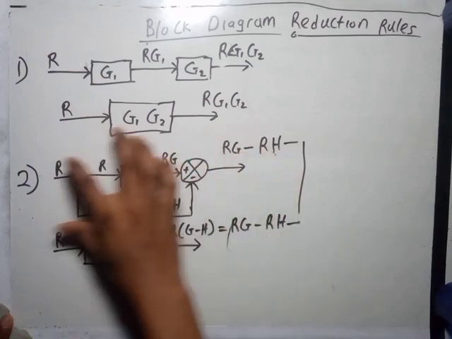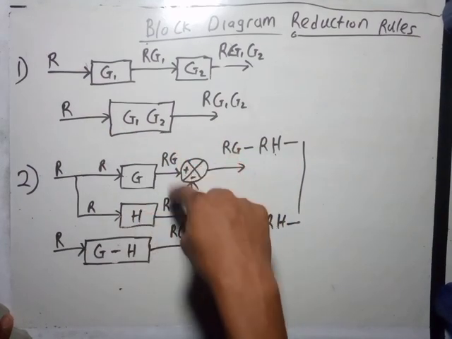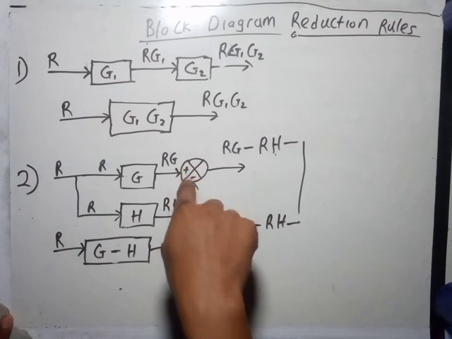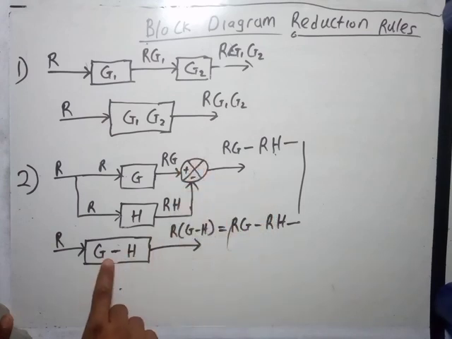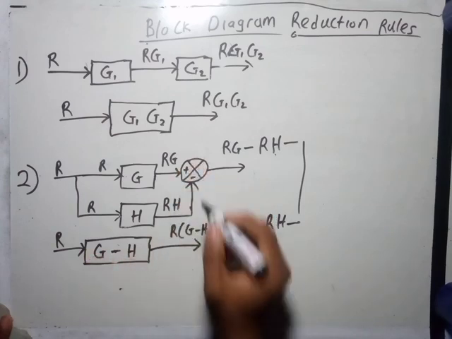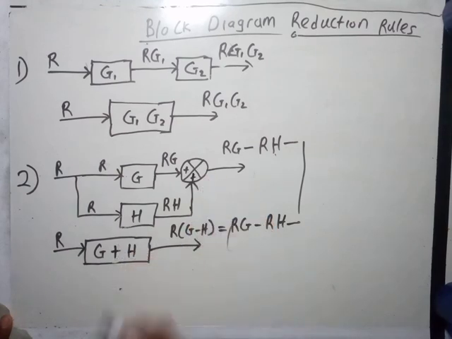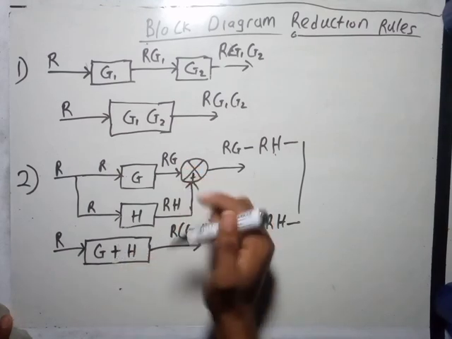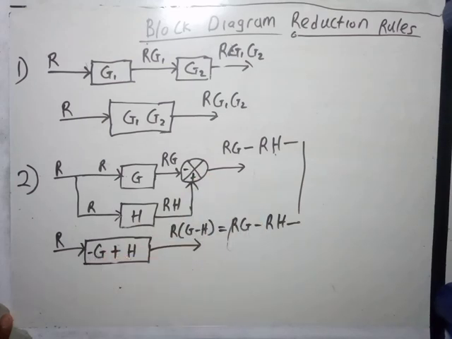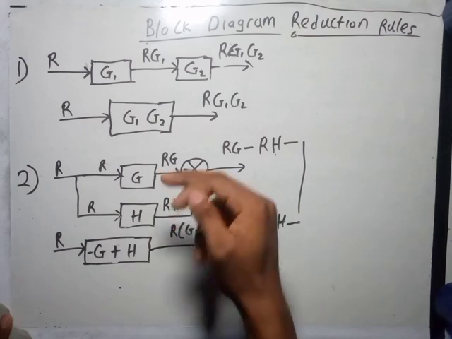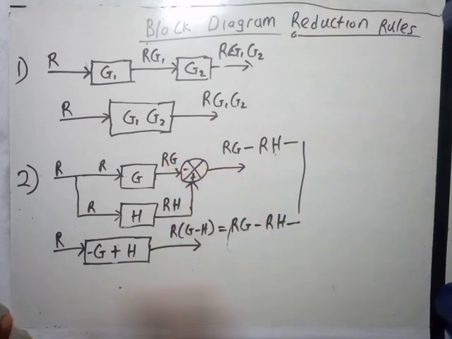In case you have parallel paths, first look at your summing point. It determines whether it's going to be a plus or a minus. What I mean is this: if this is plus, this will be plus; if this is minus, this will be minus. So it determines how you add or subtract when you want to reduce your block diagram. So this and this are equal. In case you have something like this, you can reduce it to this.